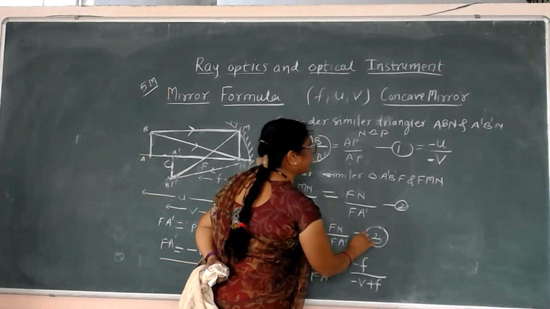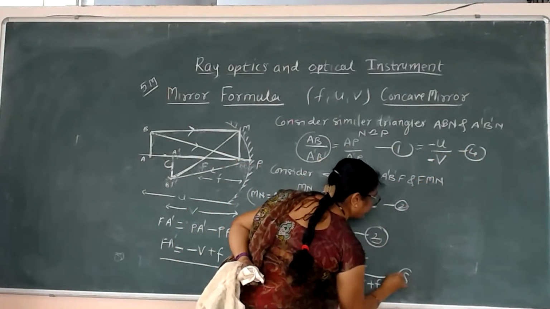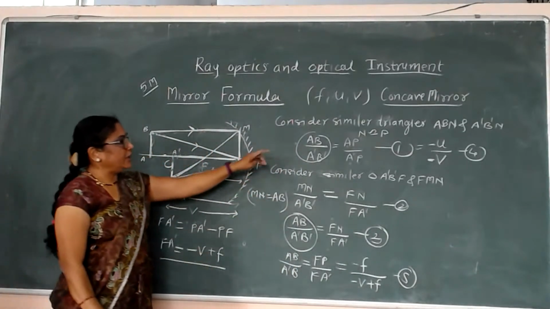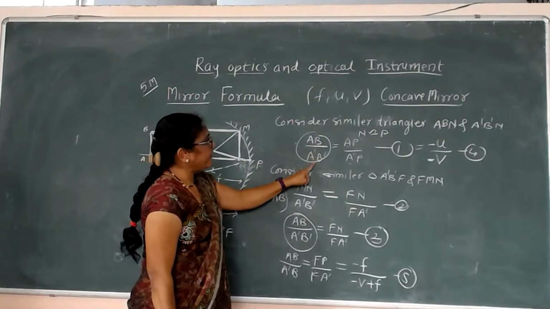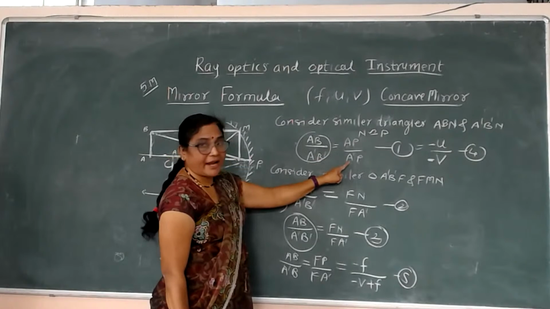Suppose this is equation number 4 and this is equation number 5. So here we got the value of AB divided by A dash B dash.